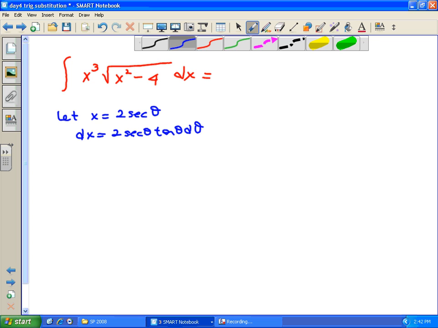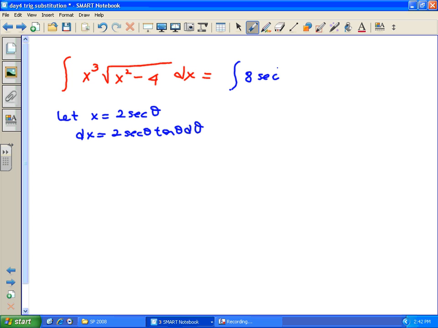And now I'm going to go to this integral and replace everything in terms of thetas. For x cubed, I will write 8 secant cubed theta. For the square root of x squared minus 4, okay, first x squared, that is same as 4 secant squared theta, and then minus 4.